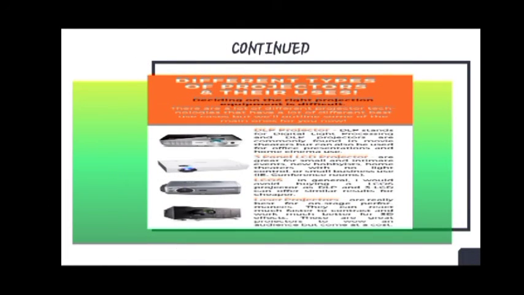Some explanation about DLP, LCD, LCOS and laser projectors. DLP is most common in cinemas and theaters for displaying movies. LCD projector is used in events, hobbies and at home for game playing and videos. LCOS, I generally would not say to use this.